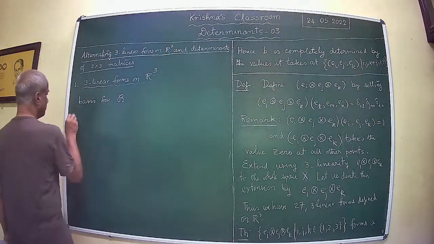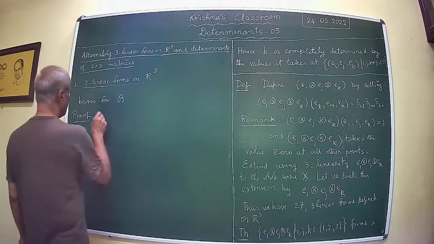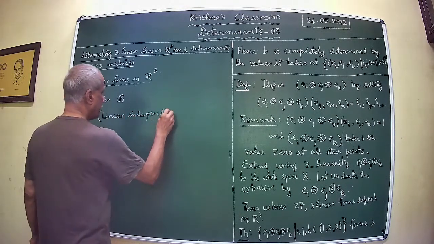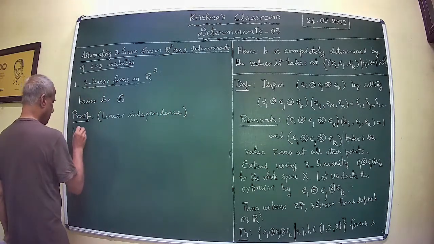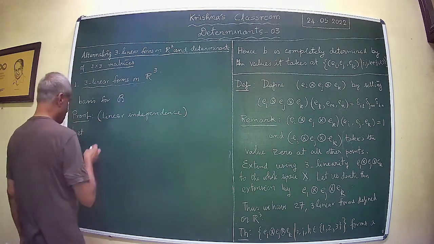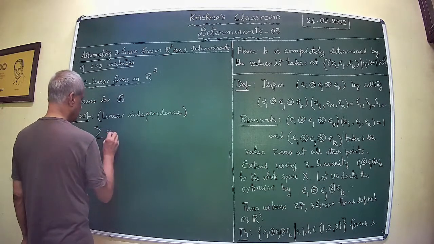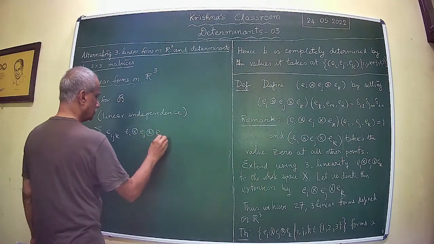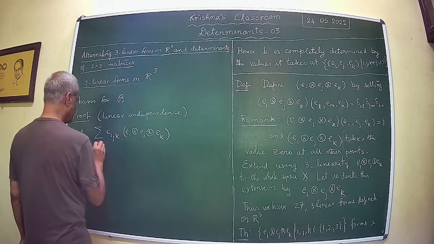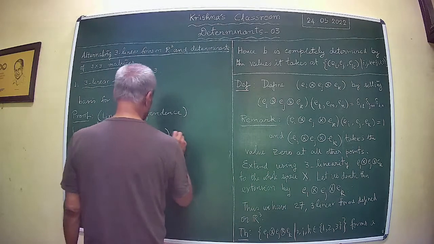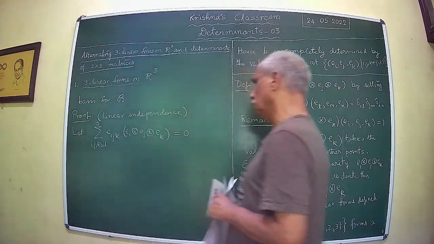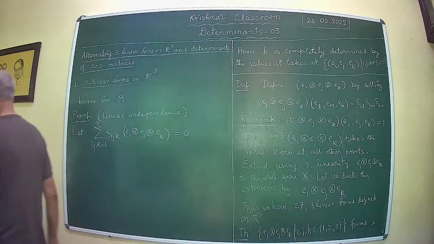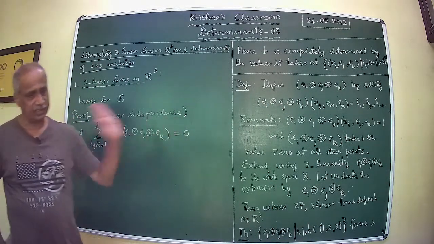So first part of the proof. Equal to 0. You know that each one of these is a trilinear form, so their linear combination is also a trilinear form.